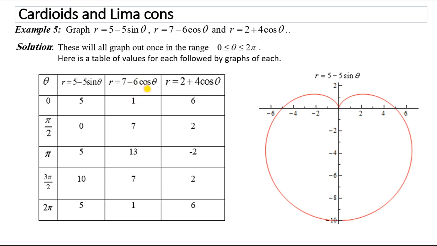Cosine 0 is 1, the result is 1. Cosine pi over 2 is 0, the result is 7. Cosine pi is minus 1, the result is 13. Cosine 3 pi over 2 is 0, the result is 7. Cosine 2 pi is 1, the result is 1.